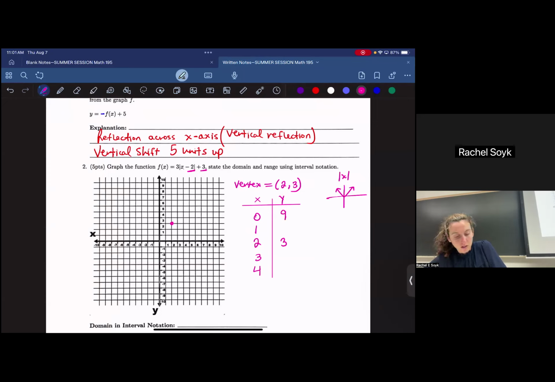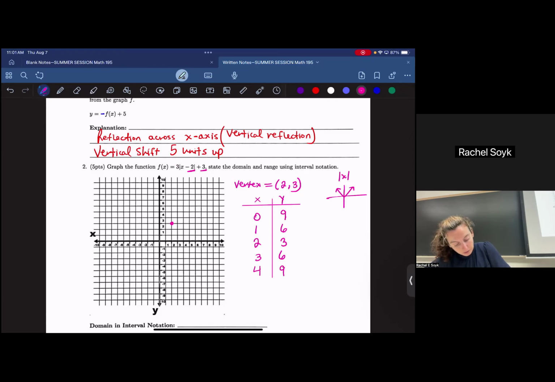If we plug in 1, we get absolute value of negative 1, which is 1, times 3 is 3, plus 3 is 6. If we plug in 3, we get, once again, 6. And then if we plug in 4, we get, once again, 9.